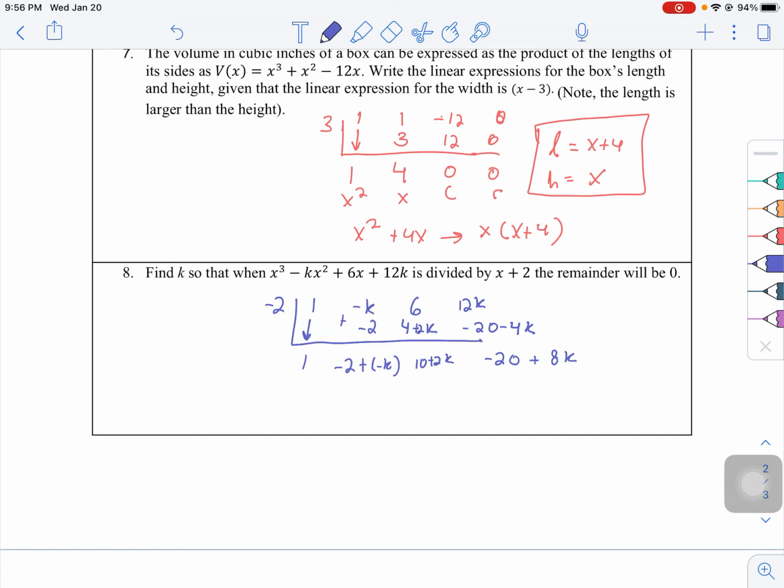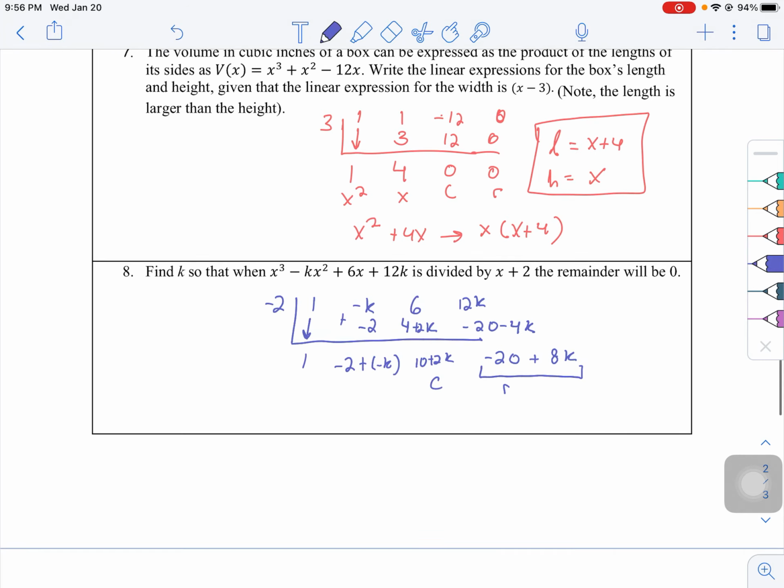All right. And so we want this negative 20 plus 8k to be equal to 0, because we want this part, which is the remainder, to be 0. Remainder, constant, x squared. So we're going to go negative 20 plus 8k is equal to 0.